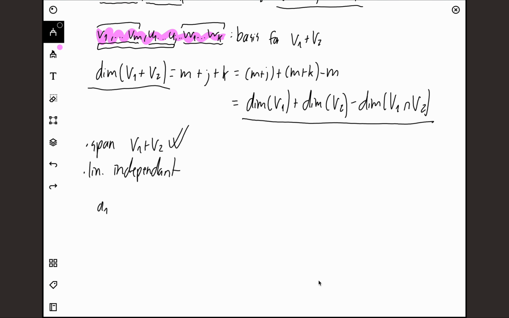we can just call it random coefficients. So a1 v1 plus a2 v2 plus, this is just a list, up to am vm plus, and now we can name the second one's b, I guess. b1 u1 plus up to bj uj, and then plus now we just add the final vectors, which are w, and we can name the coefficients c.